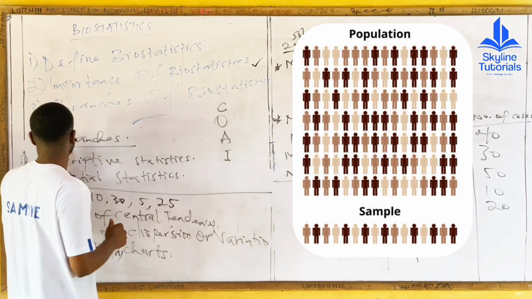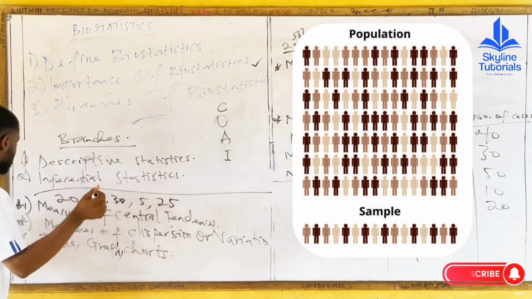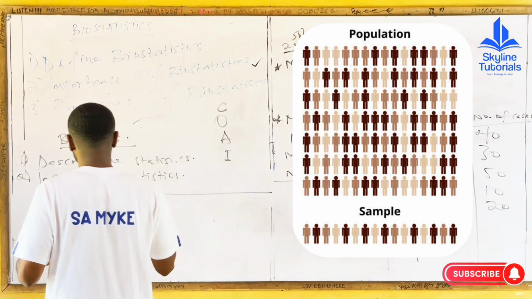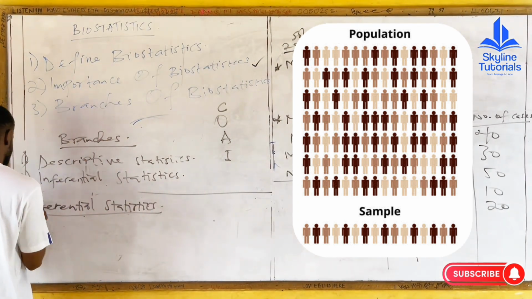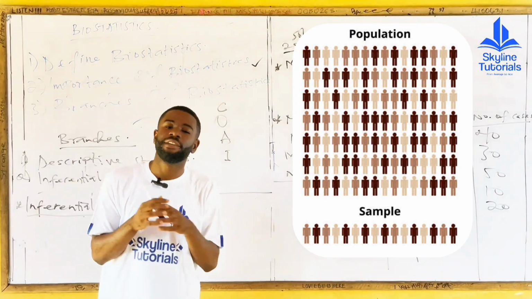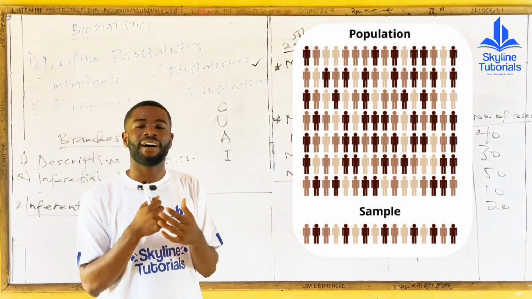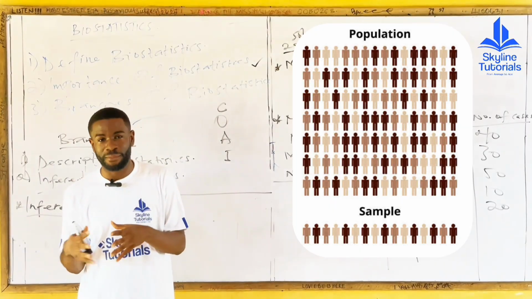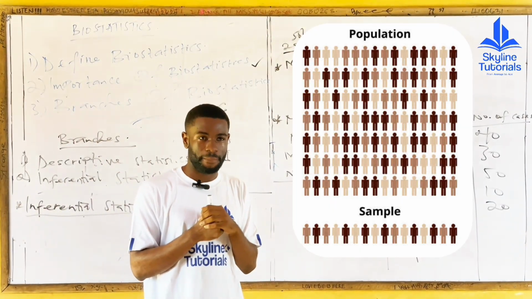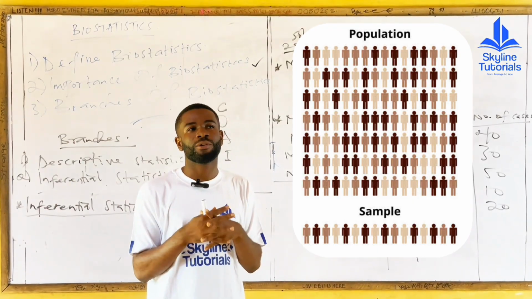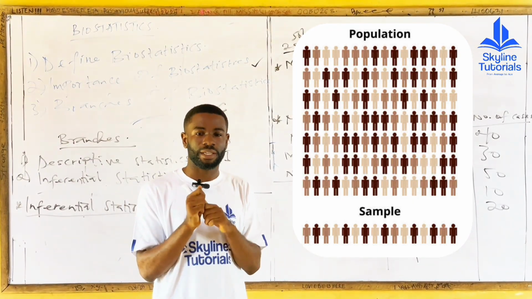The next branch of biostatistics we'll be looking at is inferential statistics. If I'm given a research to look out for factors that affect the performance of 300 level students in the University of Calabar, I'm looking for factors that affect the performance of those students.